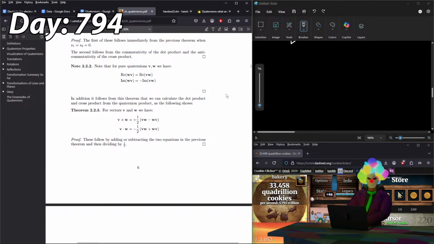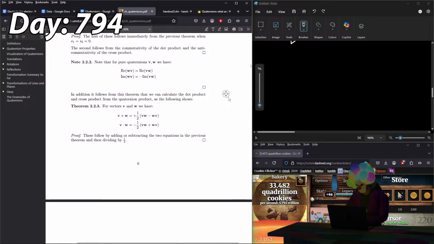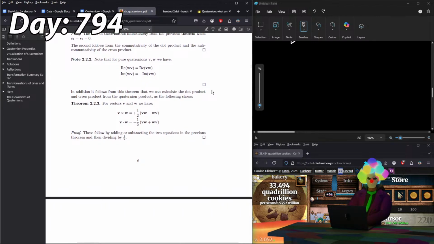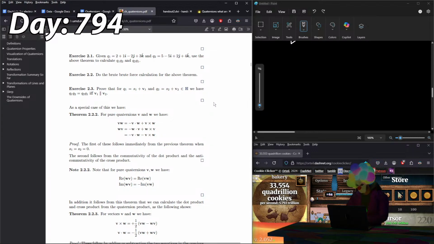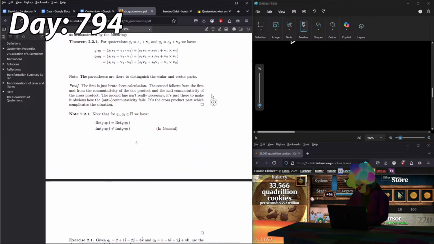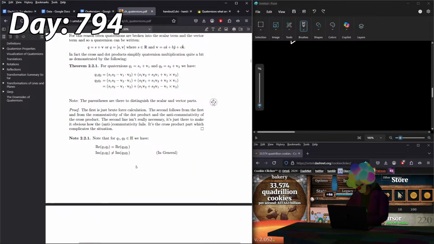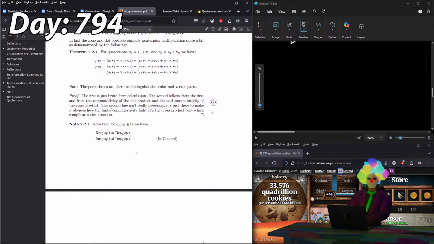Pure quaternions, we have this, right? Wait, for pure quaternions? Aren't pure quaternions the ones that don't have, like, what would be the difference here? Oh, because they're on the inside. I am such a moron. Wait, no. What?